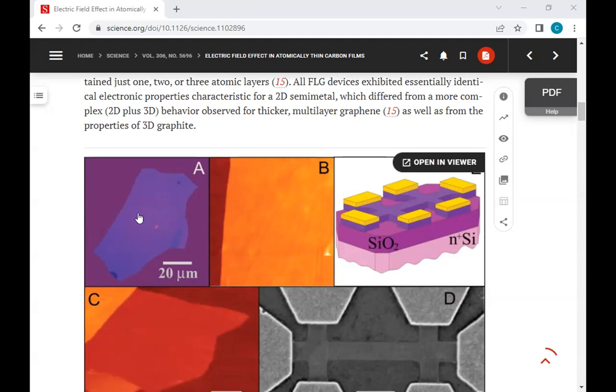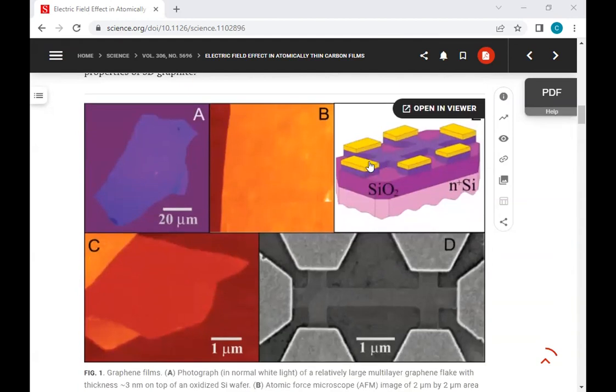Then they put this graphene flake on top and use photolithography to construct this Hall bar right here. This is called a Hall bar. And then they deposited, I think again with photolithography, these gold pads on it. So this is the cartoon of how the device is.